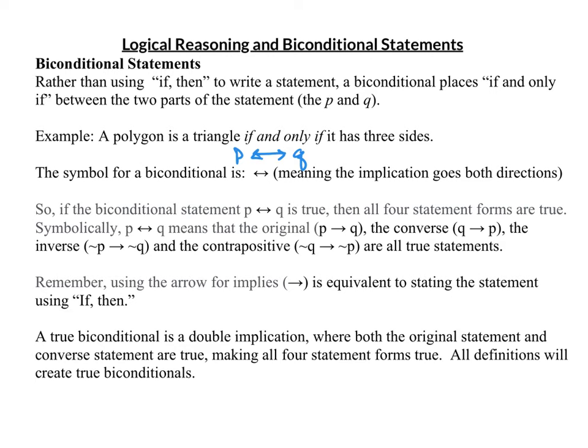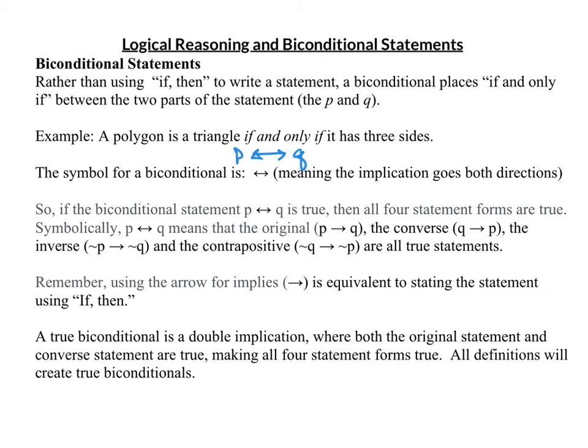So if I get a biconditional that's true, then all 4 of the statement forms are true. Saying P if and only if Q is really saying all 4 statement forms are true.